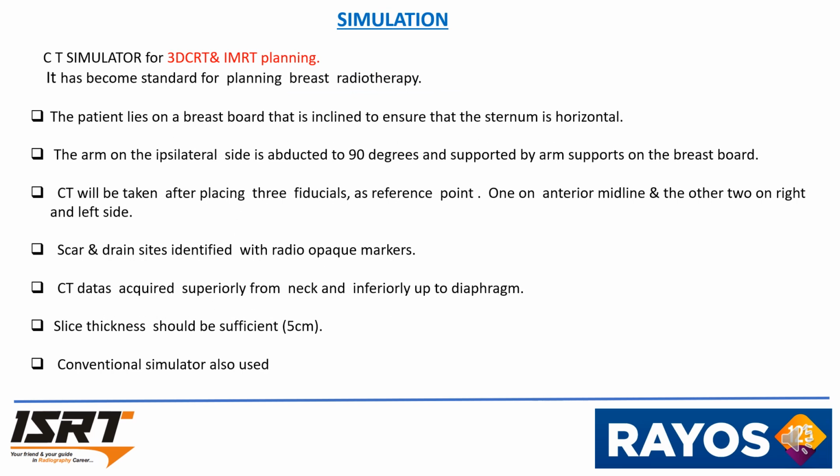Simulation. A CT simulator is used for 3D CRT. It has become standard for planning breast radiotherapy. The patient lies on a breastboard that is inclined to ensure that the sternum is horizontal.